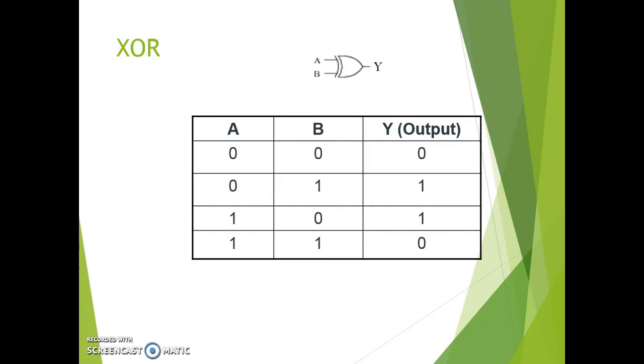Now there's a very interesting possibility for these gates, and when we see an X, we can think of that as an exclusive designation. An XOR gate gives an output of 1 only when one of the inputs is 1, not both. So only one input can be 1 to get a 1 as an output.